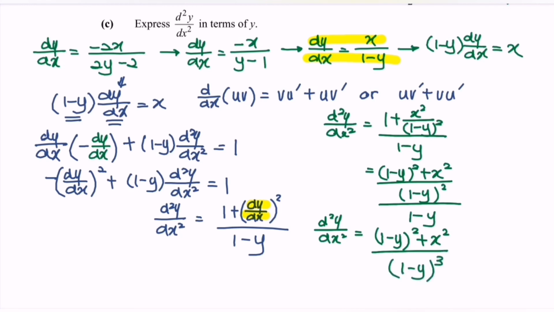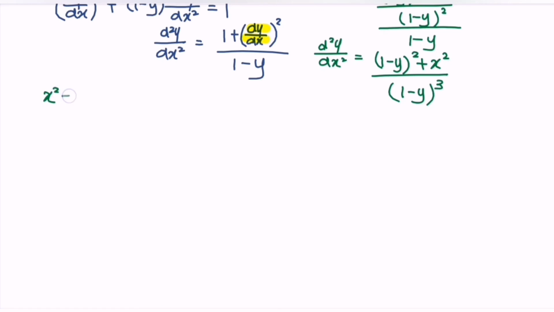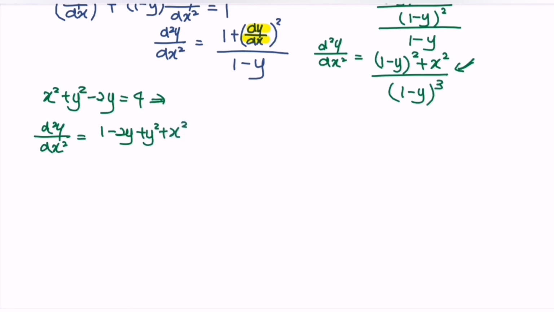Next, what we have to do is refer to the first situation. We have x squared plus y squared minus 2y equals 4. That is the first part of the situation. Then kindly refer to this part. We can expand the situation. So we have the second derivative equals 1 minus 2y plus y squared plus x squared, over 1 minus y to the power of 3.